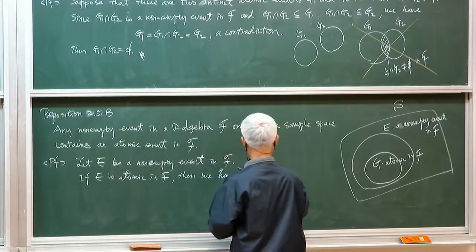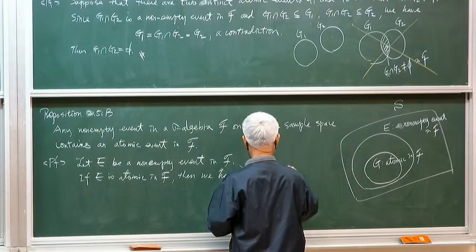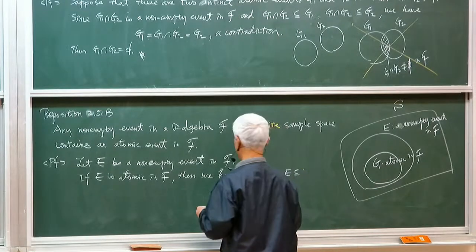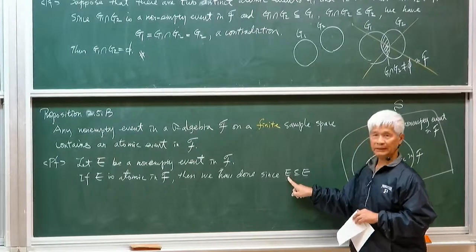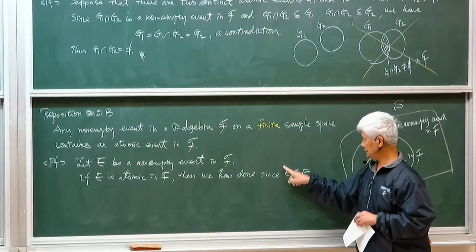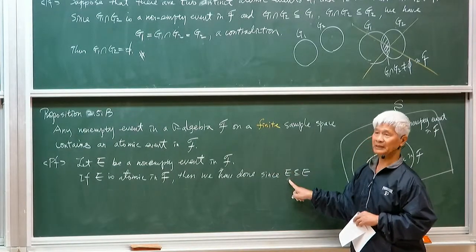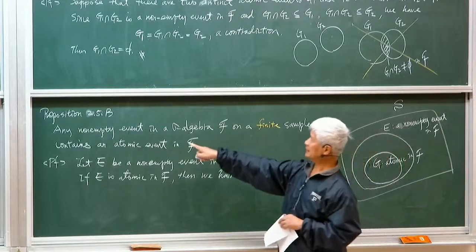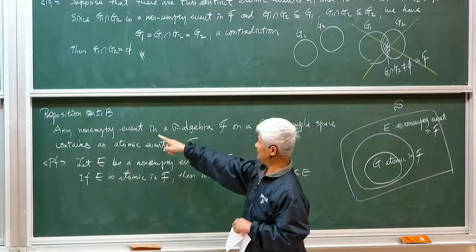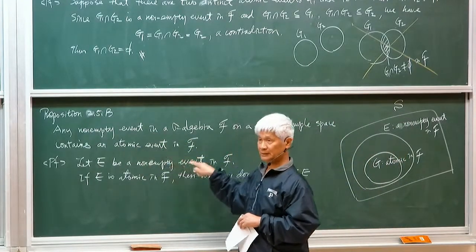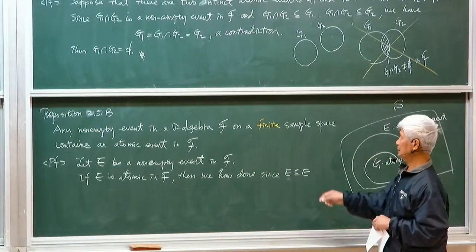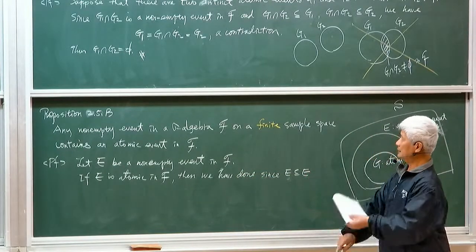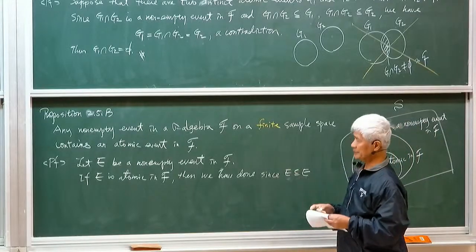Why? Since E contains itself and E is already atomic, right? The statement says that every non-empty event contains an atomic event. So if E itself is an atomic event, then we have done. Then the proposition holds.